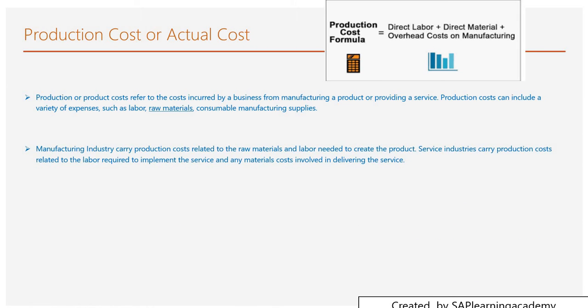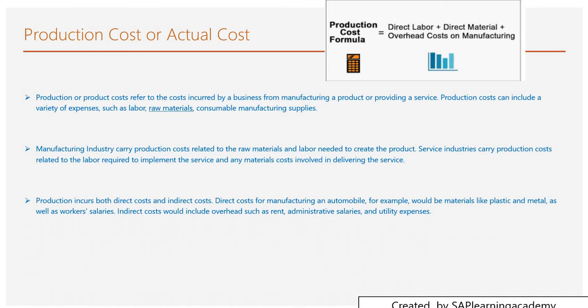In the manufacturing industry, the production cost relates to the raw material and labor needed to create the product. In the service industry, it carries the production cost related to the labor required to implement the service and any material cost involved in delivering the service.